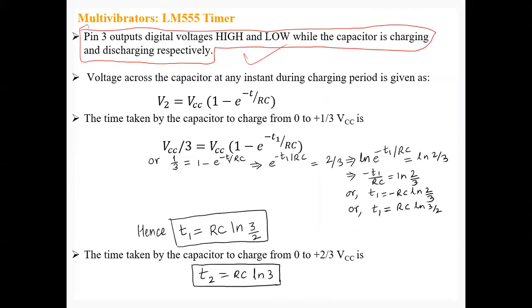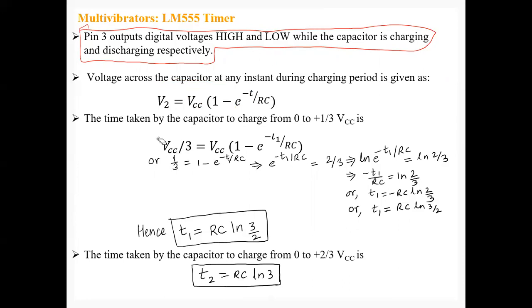What is the voltage across the capacitor during the charging process? In the charging process, V2 is equal to VCC times (1 minus e to the negative t over RC), right? Remember we did this in your first chapter. So this is charging the capacitor.